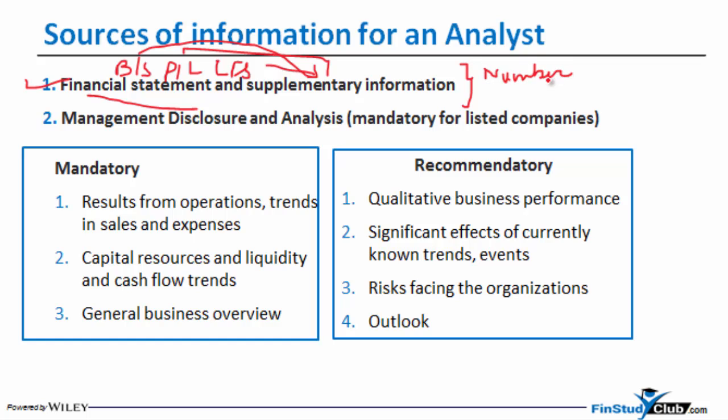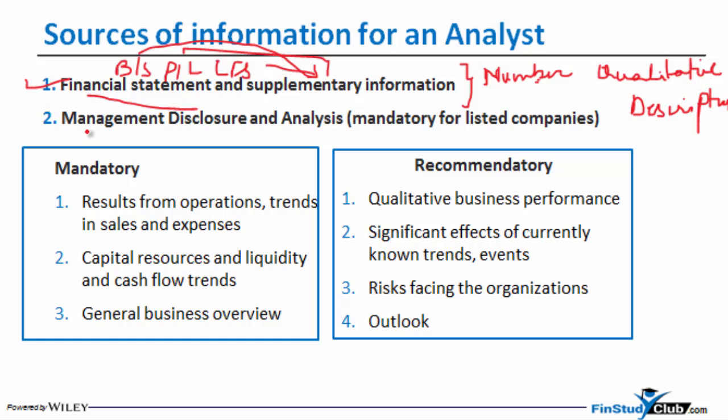I am fond of numbers, but my challenge is that numbers communicate things quantitatively, not always qualitatively. So for the qualitative aspect, I need to have some kind of commentary being written, some kind of analysis being descriptively written.